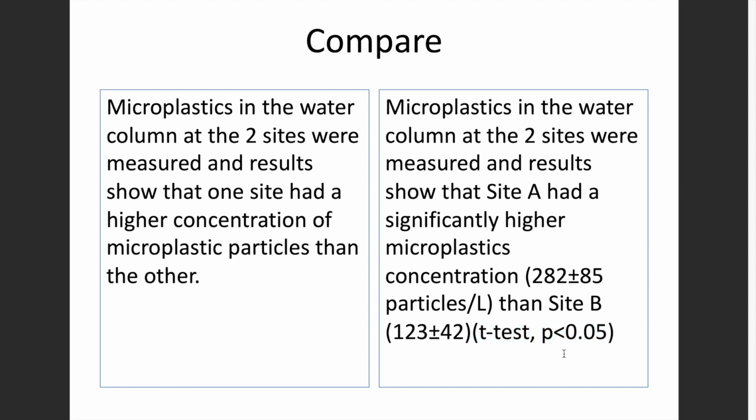Now, if you see this in the field, would you take the word of the first one? You're just going to trust him because he says that one site had a higher concentration of microplastic than the other without giving us a hard figure? No, that's the thing.